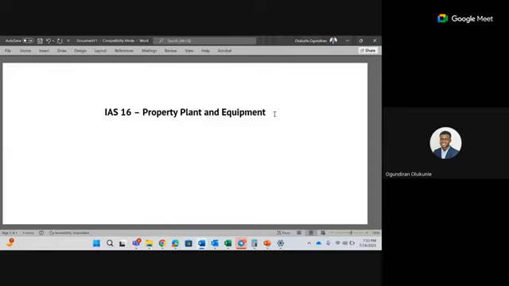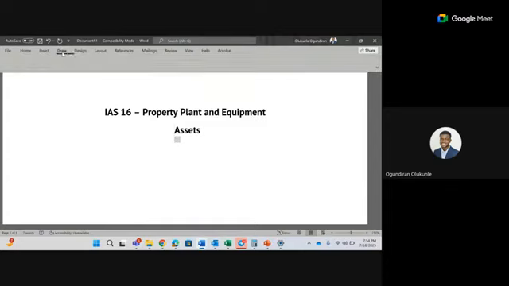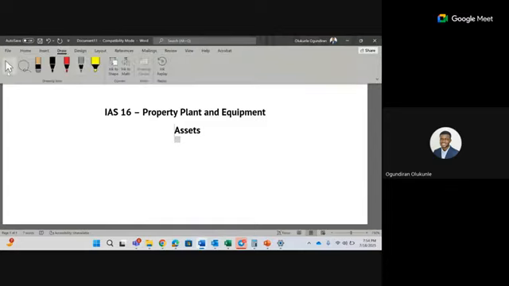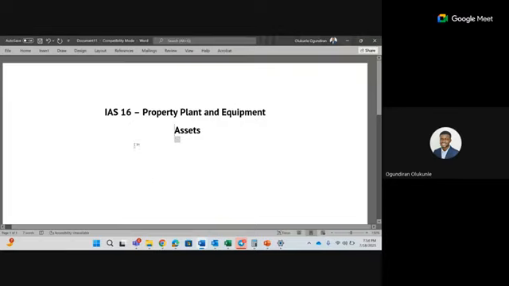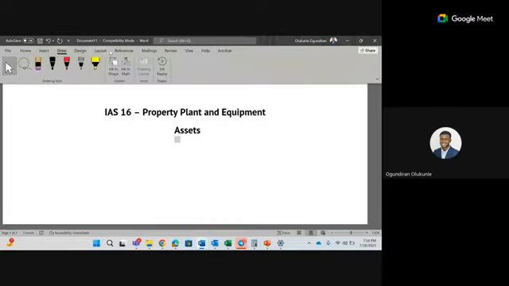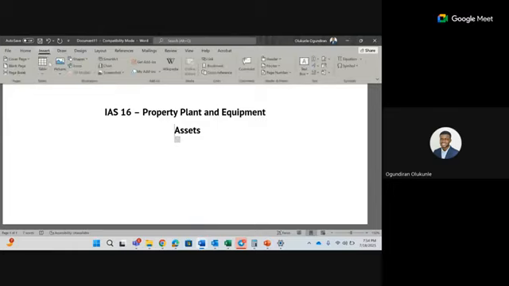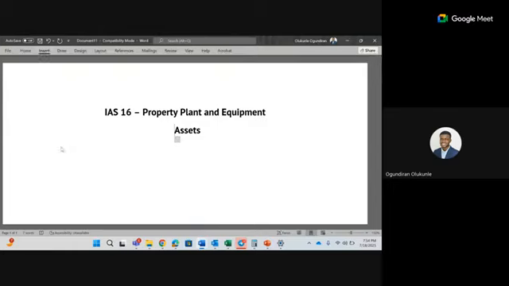So don't forget that in your assets, you know, there are two types of assets. Are you with me? This is going to form some foundation to what I'm going to be teaching you, so please just bear with me.